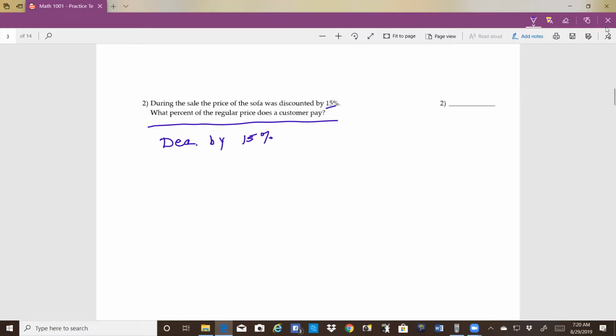So he paid 100% minus 15%, equal to 85% of the regular price.